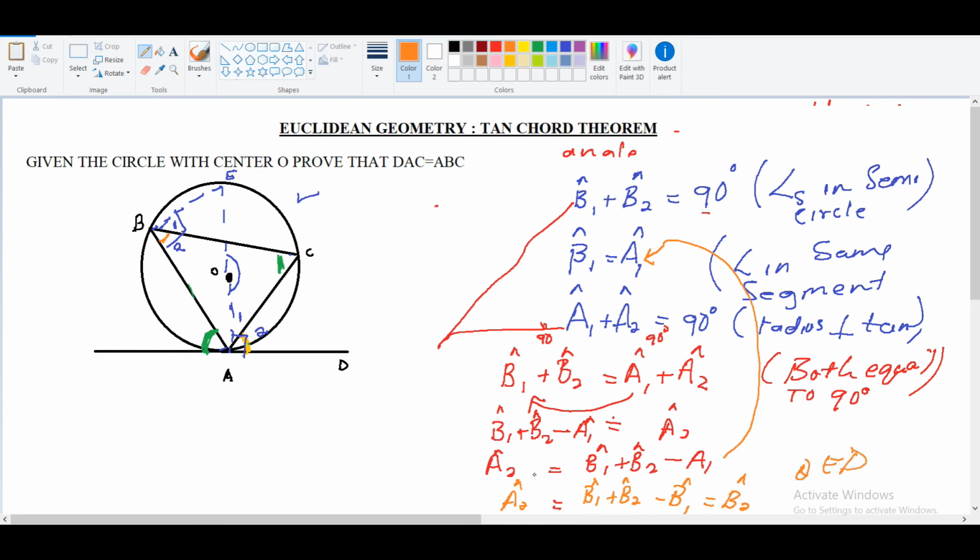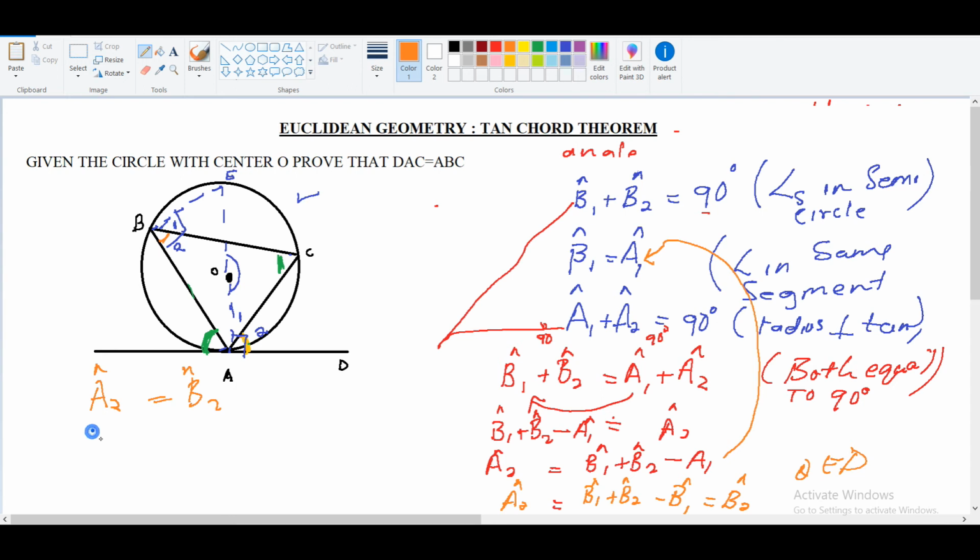You've proven that, but then you did not answer the question. You see, the question is having DAC and ABC. Let's write what we have now. Now you have A2 equals B2. What you were given here is DAC, and DAC is equal to A2.